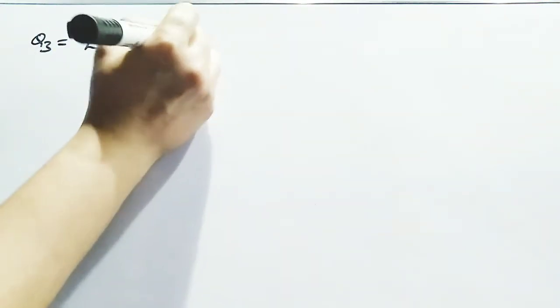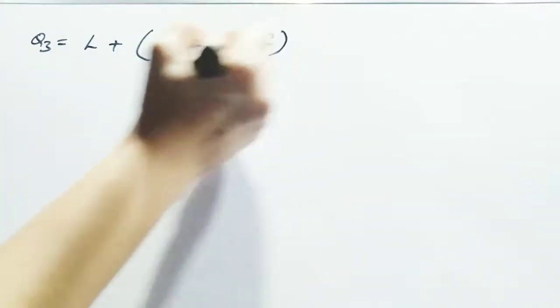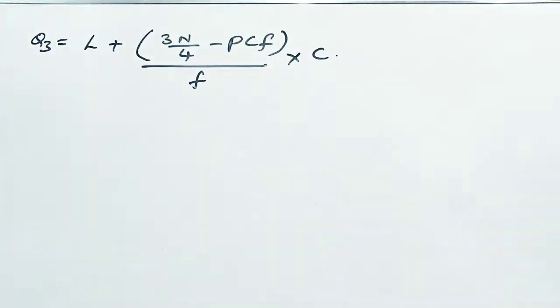In the previous class we discussed 3 into n by 4th item. So for Q3, L is the lower limit, then 3n by 4th minus the preceding cumulative frequency, divided by F, into class interval C.